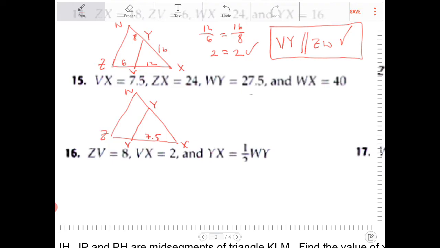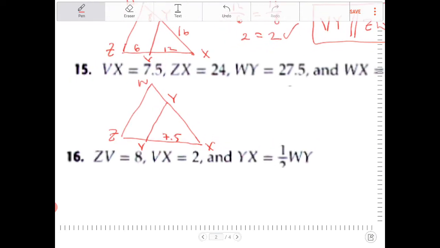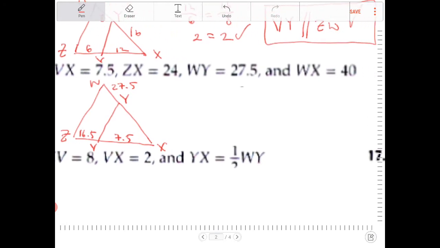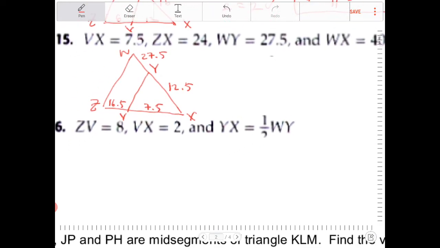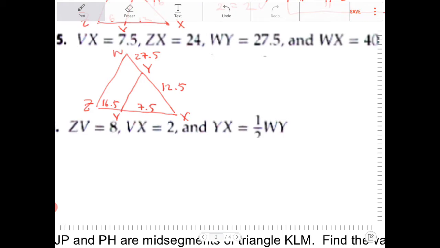So if Vx is 7.5, Vx must equal, let's see, what is that? 16.5. Okay. Yw is equal to 27.5. And Wx is equal to 40. So therefore, the other side must be 12.5. Yes. Okay.